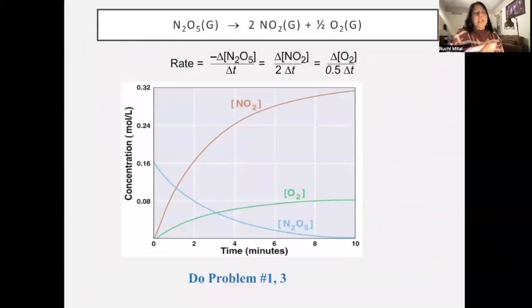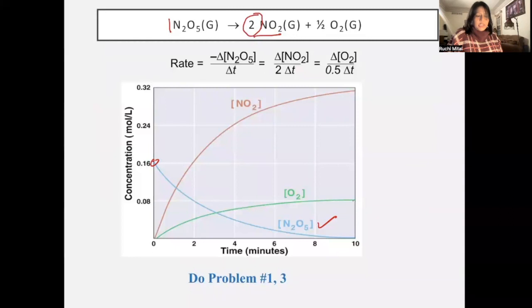The other thing now, if you look at this reaction, we have a ratio of 1:2. We can see that with time, the concentration of N2O5 is decreasing. The concentration of NO2 is increasing, but at a much higher amount because it is in a ratio of 2 compared to oxygen, and there is less oxygen being formed.